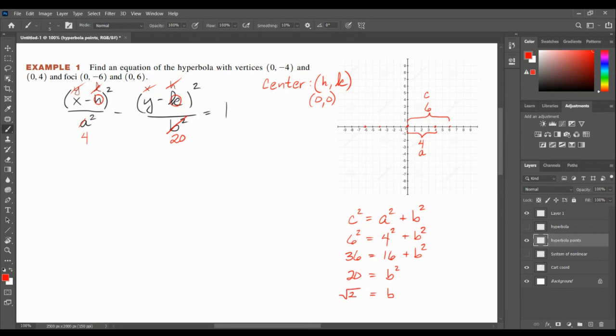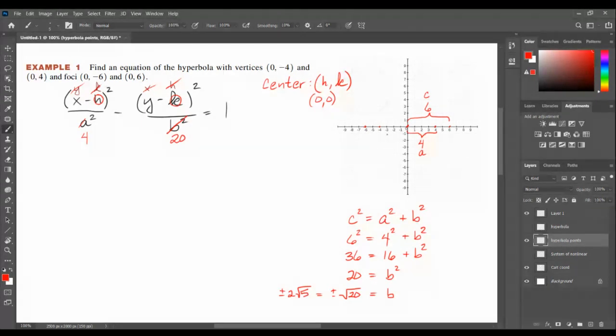So that'd be the square root of 20, and recall that's plus or minus. And the square root of 20 is, because 20 is 4 times 5, and 4 has a square root, we've got plus or minus 2 root 5.